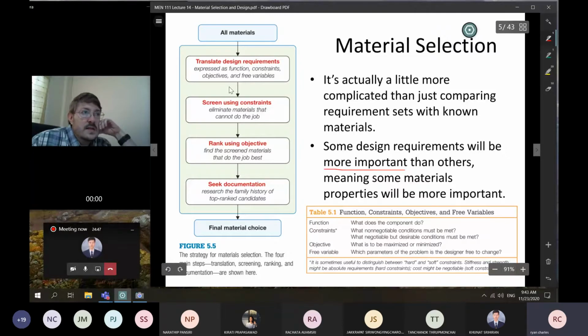So Ashby has this, right? A slightly more complex, right? He has a strategy, right? Or you might call it an algorithm. Perhaps you have an algorithm for how you do something, especially in computers. We have all materials. Translate design requirements, expressed as function, constraints, objectives, and free variables, right?